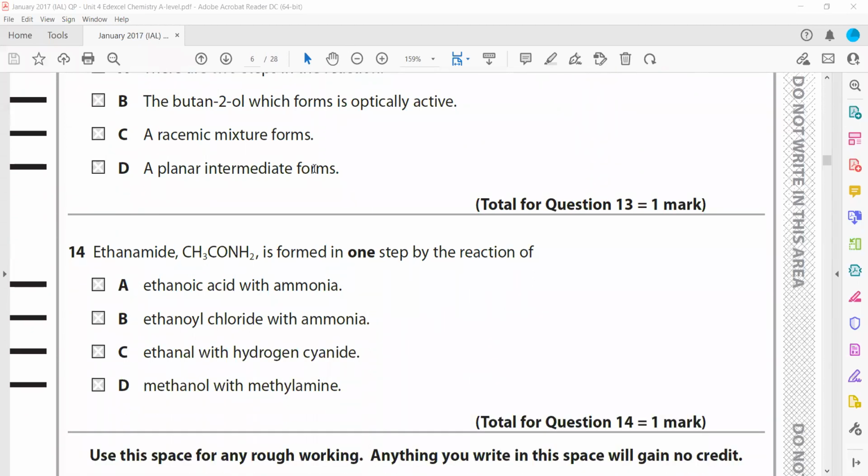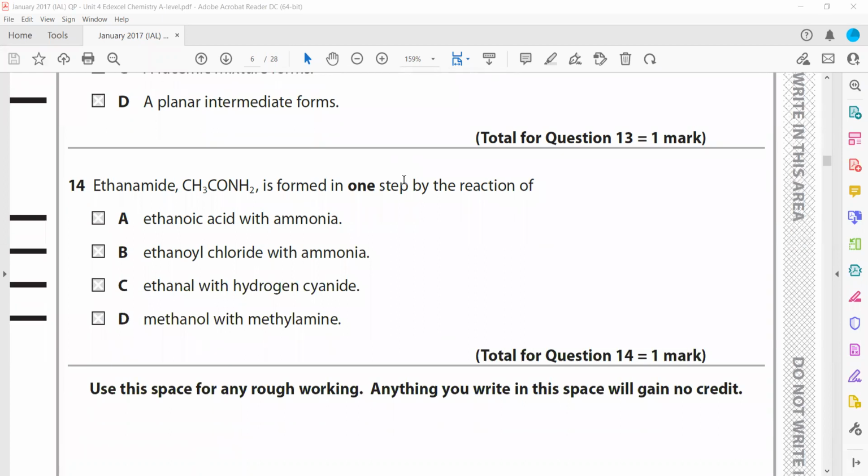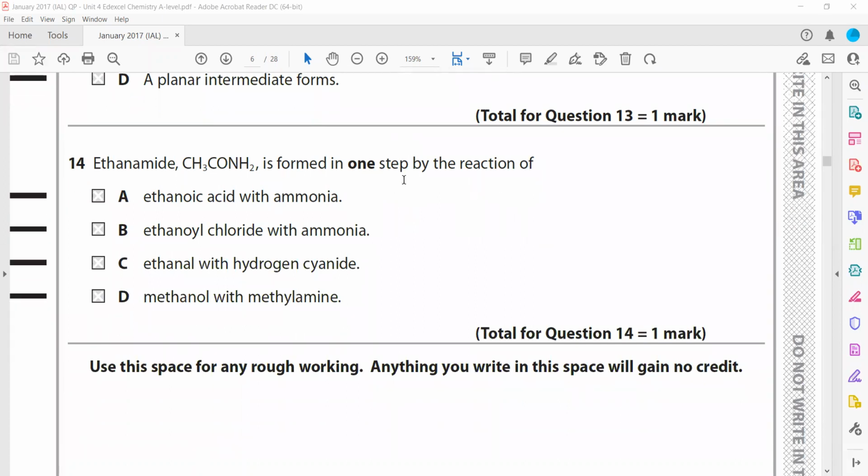In question 14, ethanamide is formed in a one-step reaction. So which reaction will form ethanamide in one step? If ethanoic acid reacts with ammonia, the acid reacts with a base, so it will form a salt.